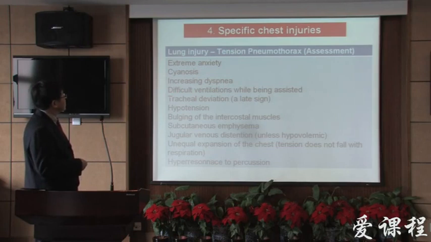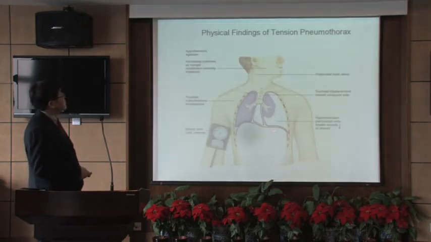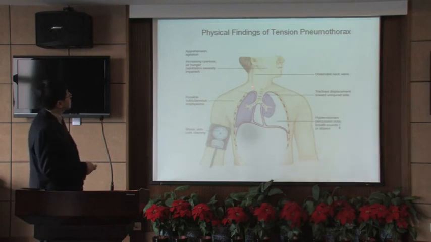Others include difficult ventilation, tracheal deviation, hypotension, bulging of the intercostal muscles, subcutaneous emphysema, jugular venous distension, unequal expansion of the chest, and hyperresonance on percussion. These are the physical findings of tension pneumothorax.